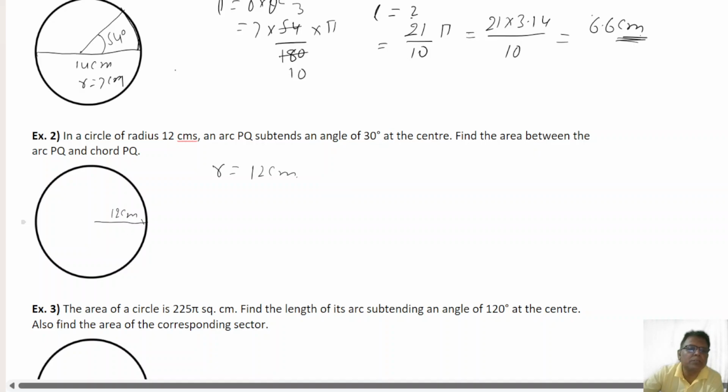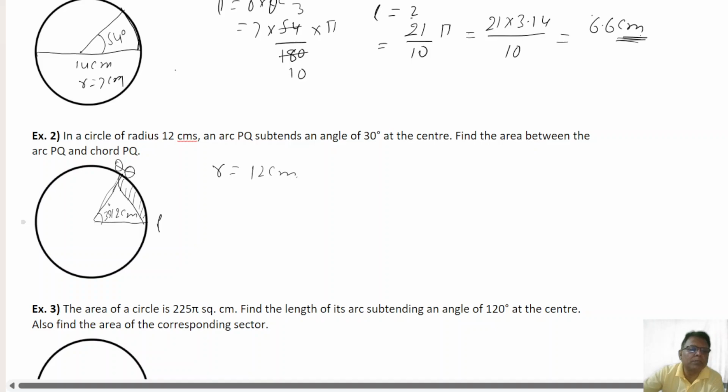Suppose this one is PQ, this is P, and this is Q, with 30 degrees at the center. So find the area between the arc PQ and the chord PQ. So this area actually they are asking for, this area.